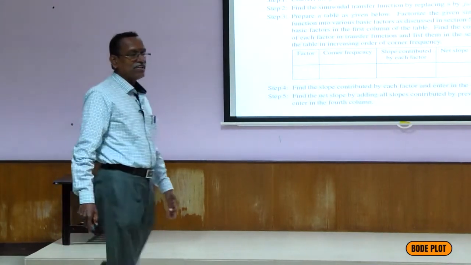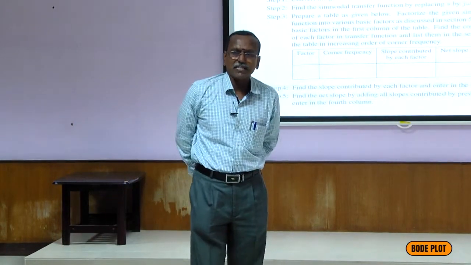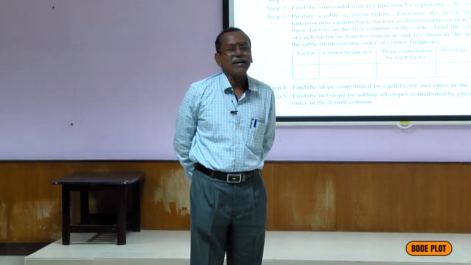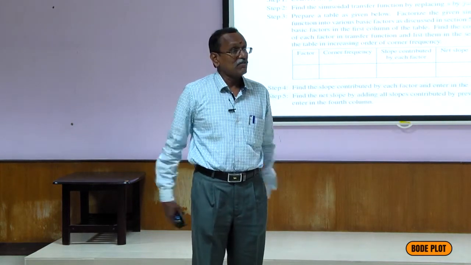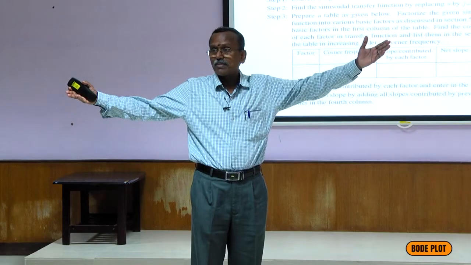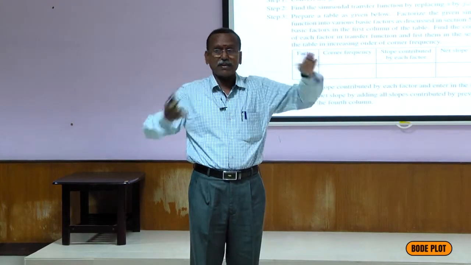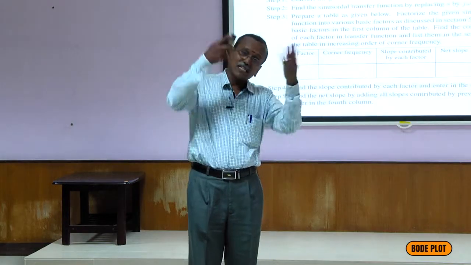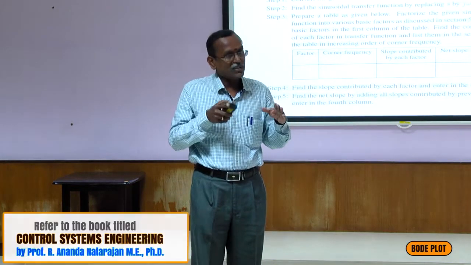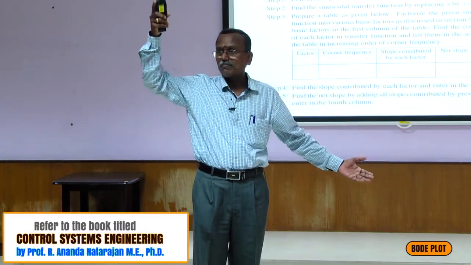Next, the slope contributed by each factor. If it is 1 by s, what is the slope contributed? Minus 20 dB per decade, for the entire span, minus infinity to plus infinity. Suppose s is in the numerator, the slope is plus 20 dB per decade from minus infinity to plus infinity.